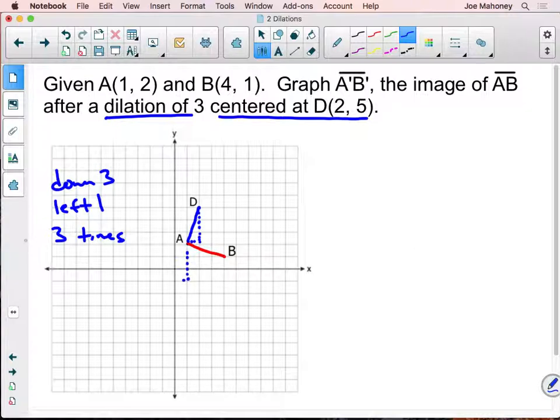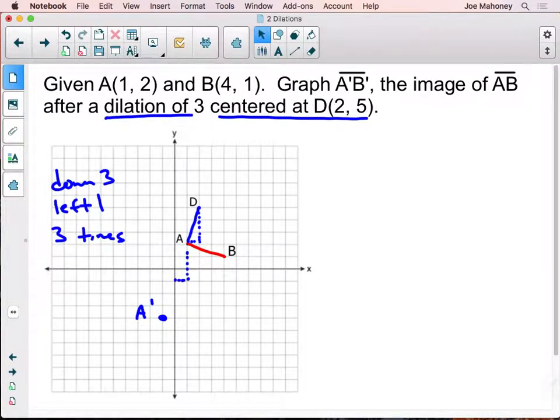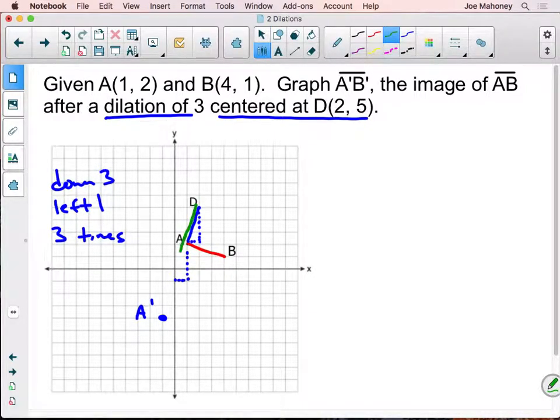If I go down 3 over 1, there's 2. Down 3 over 1. So here's where point A prime is going to be. It's a dilation of 3. And if you take a look at the distance here, that blue distance compared to this green distance, the green distance is 3 times as big as the blue distance.